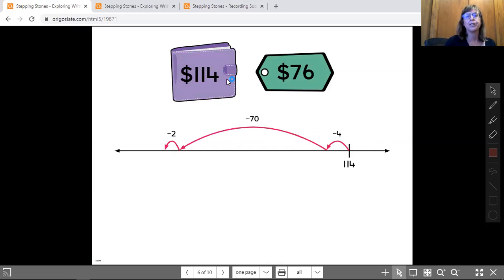Okay, we're going to start at 114 and jump backwards. So our first jump will be back 4 because that takes us back to 110. Let's have a look. There we are at 110. Our next jump is minus 70, which gets us back to 40.